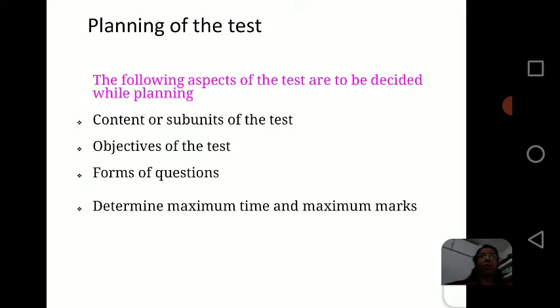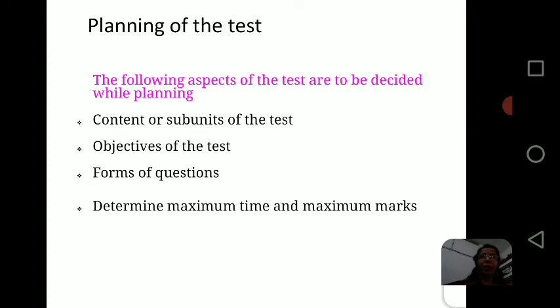The behavioral change may be at different levels, and there is a classification of these behavioral changes or objectives by Dr. Benjamin S. Bloom, known as Bloom's taxonomy of educational objectives. These educational objectives are the technical terms that the teacher has to access in order to define the particular objectives.